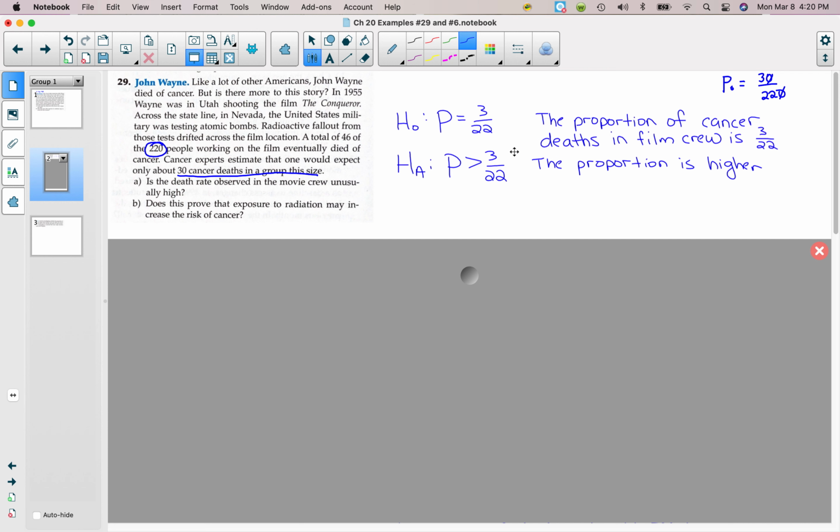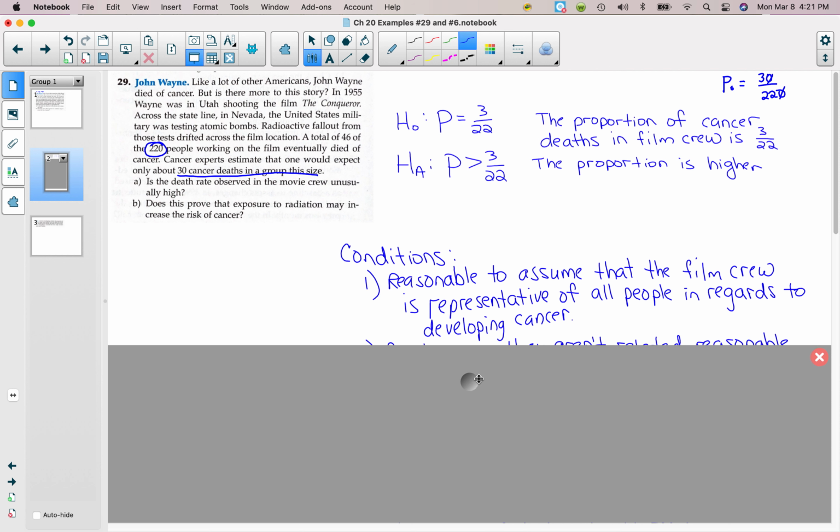Once you decide what your hypotheses are, and I recommend that you write symbols as well as words, you have to check conditions. For my first one, I said it's reasonable, because it's not a random sample. Clearly, these are people on a movie crew, but it's reasonable to assume that the film crew is representative of all people in regards to developing cancer.